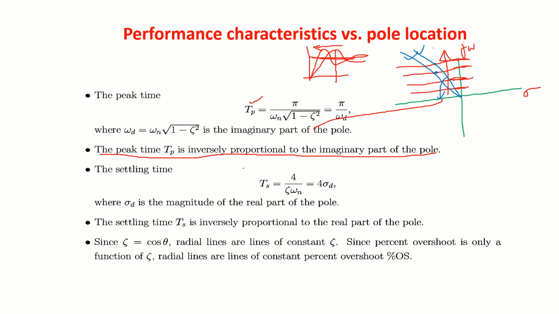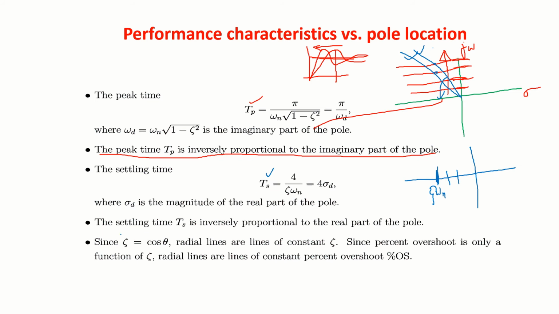Now settling time, Ts is equal to 4 by zeta omega n. So zeta omega n is this part. Suppose I go on decreasing this zeta omega n value, then what is going to happen? If I keep on reducing zeta omega n, settling time will increase.